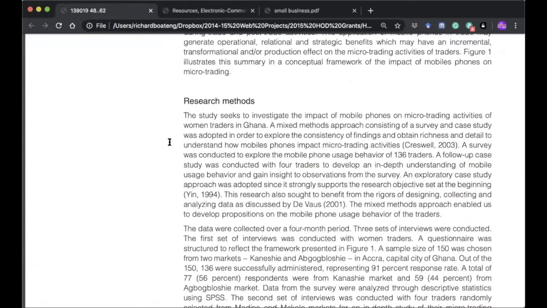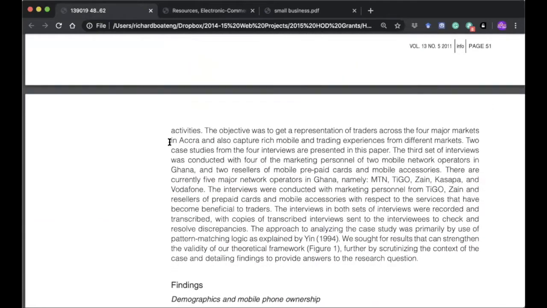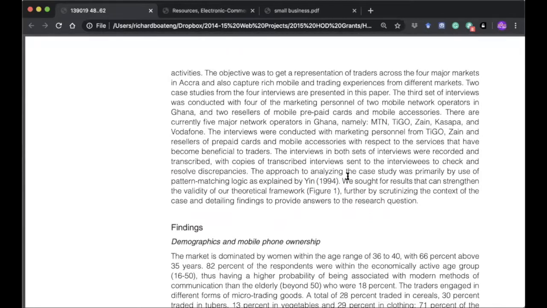In the data and measure method section, we mentioned the approach that we are using to do the analysis. We said that the approach to analyzing the case study was primarily by use of pattern matching logic, as explained in 1994. We sought results that can strengthen the validity of our theoretical framework.